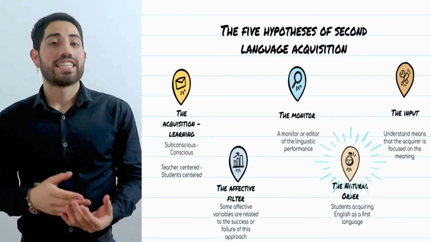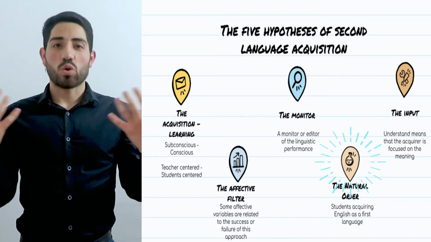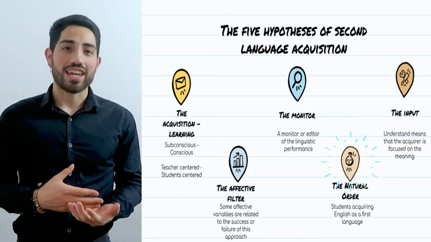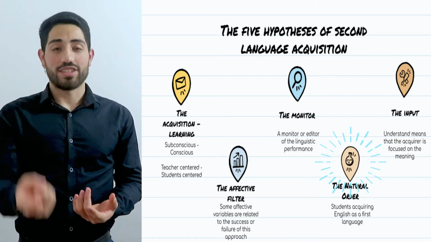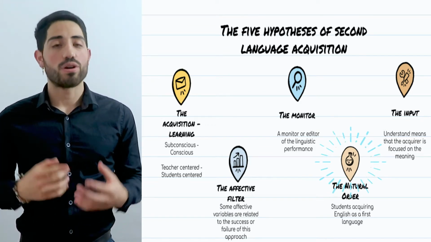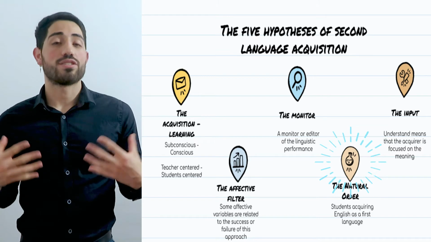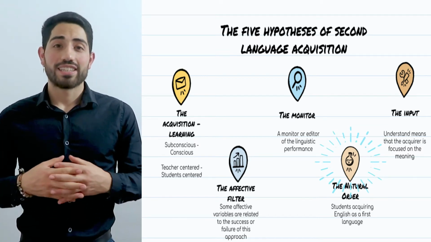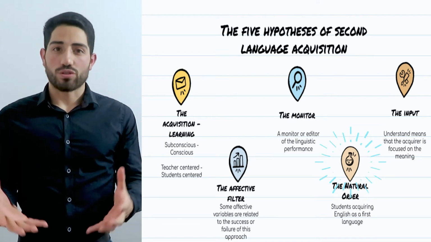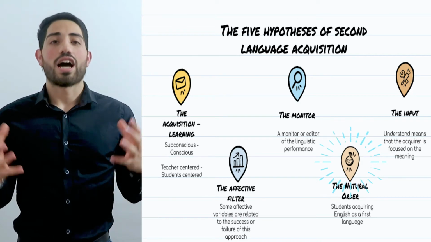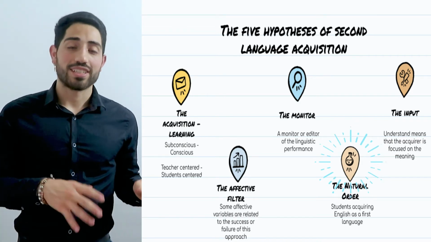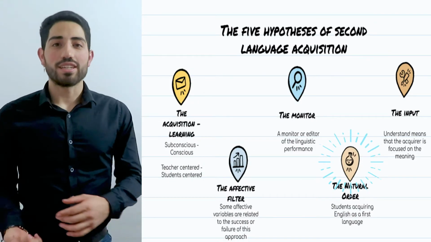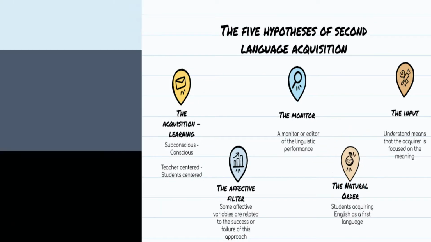It means that children can acquire the language as they acquire their first language. Moreover, it is relevant to mention that some structures are acquired earlier than others. This can be seen in the following example.